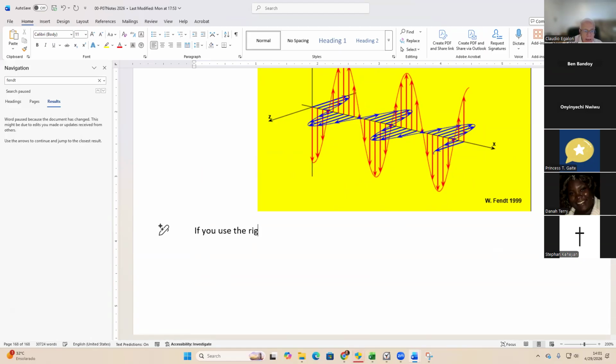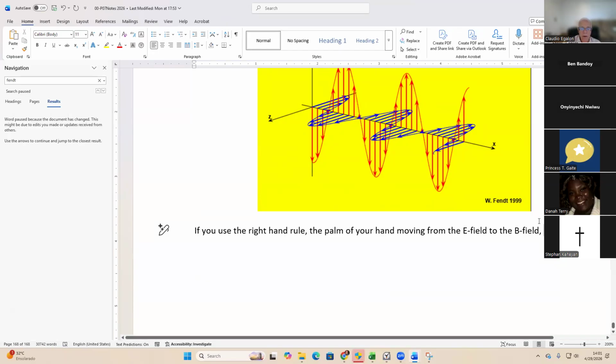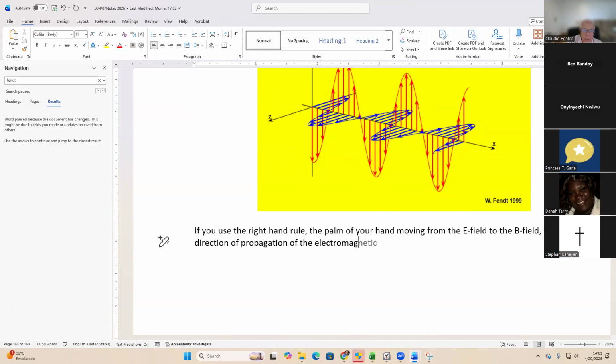If you use the right-hand rule, moving from the palm of your hand, moving from the E field to the B field, you get the direction of propagation of the electromagnetic wave.